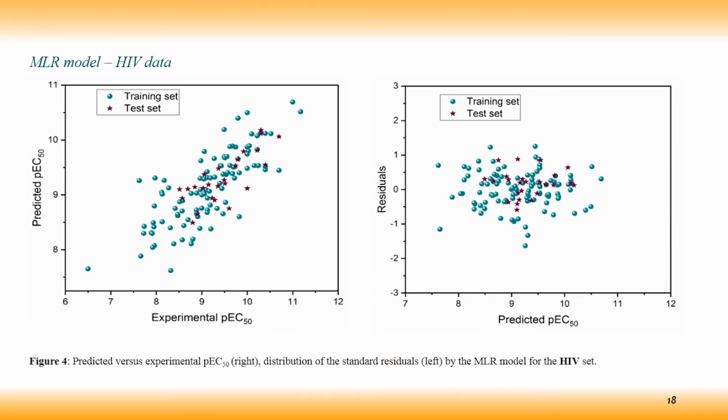Similarly, for the HIV data, it has been shown that the values of the residual was higher, and the determination coefficient was lower, and the predicted values were far from the experimental values, and this is shown in the left picture.